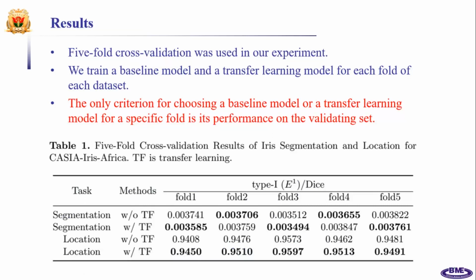Therefore, the models used for final ensembling are the baseline models of fold 2 and fold 4, and the transfer learning models of fold 1, 3, and 5. For localization, we found that all transfer learning models are superior. So we chose the transfer learning models of all folds for final ensembling.